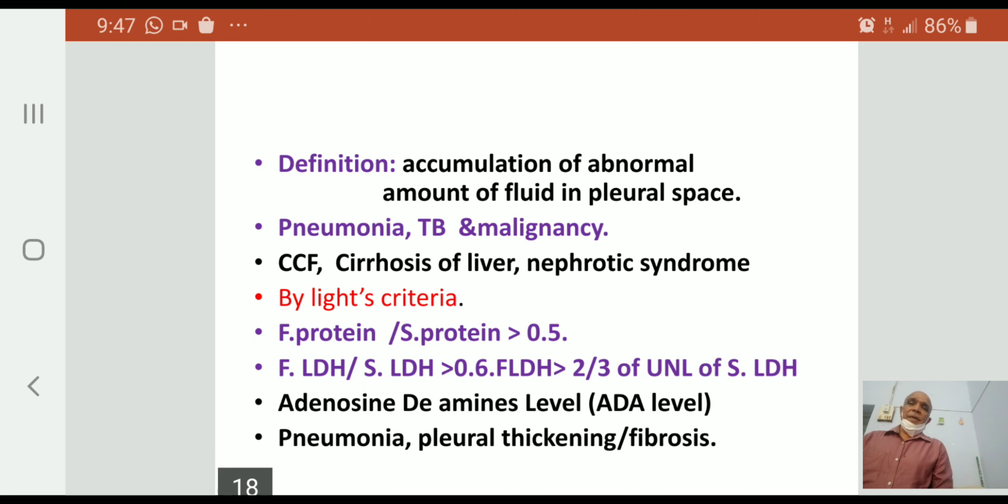Two: the ratio of fluid LDH to serum LDH is more than 60%. And third: fluid LDH is greater than two-thirds of the upper normal limit of serum LDH. If any one of the above three is present, we can say it is an exudative effusion.